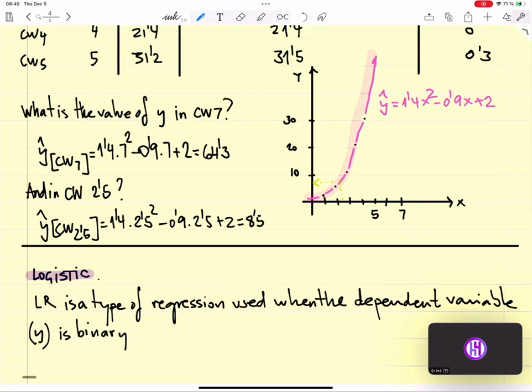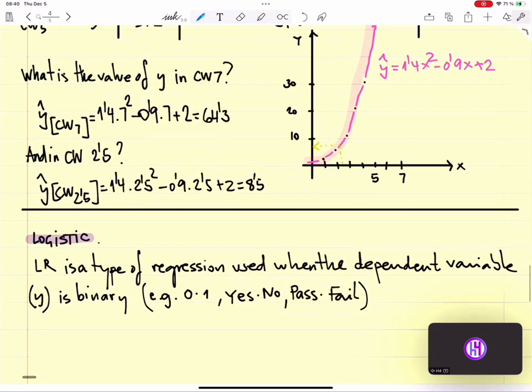So it cannot take any value. It can be only 0 or 1, yes or no, pass or fail.